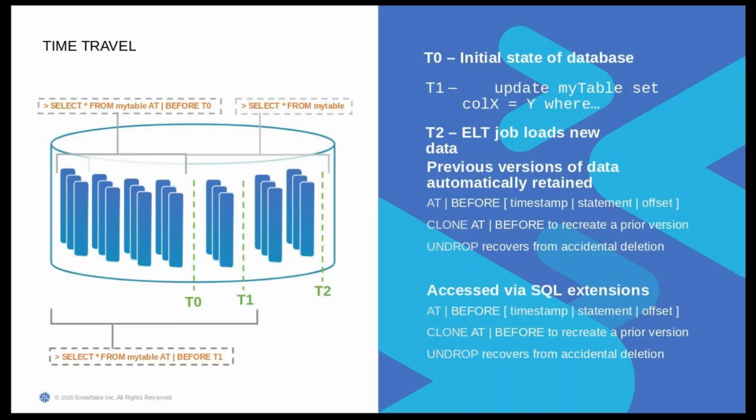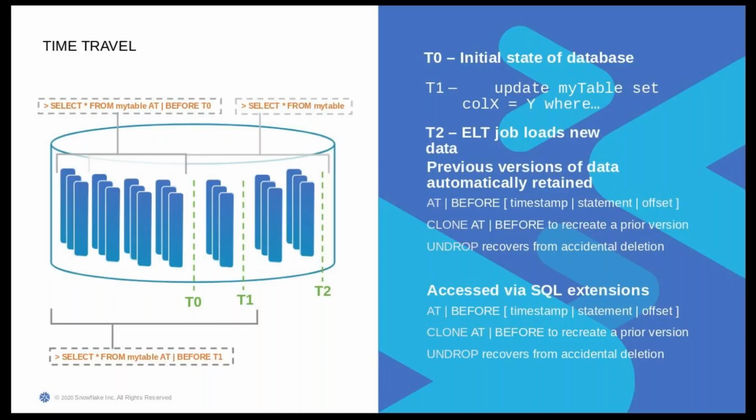You can go back to 10 o'clock, query the 40 million records, and create a temporary table or a clone table out of it, and then you can recover the data. This time travel works as a backup and recovery mechanism for you.